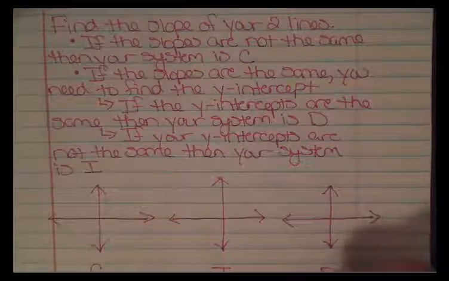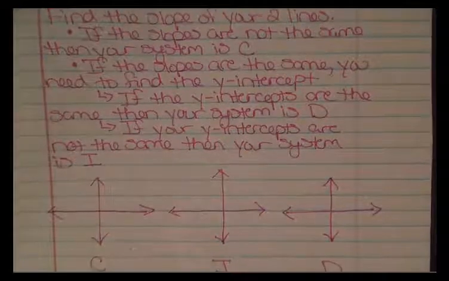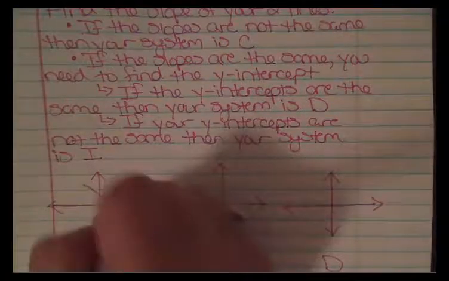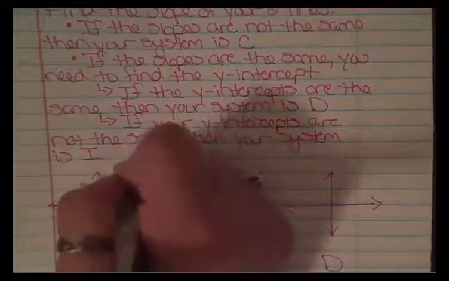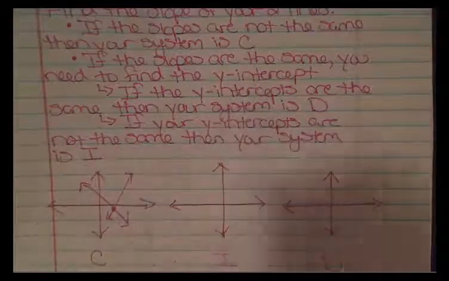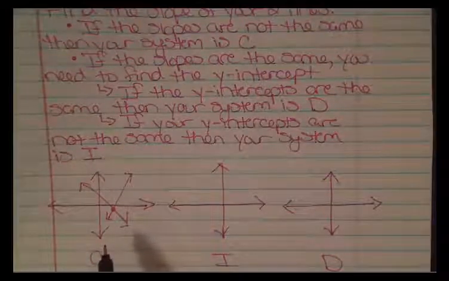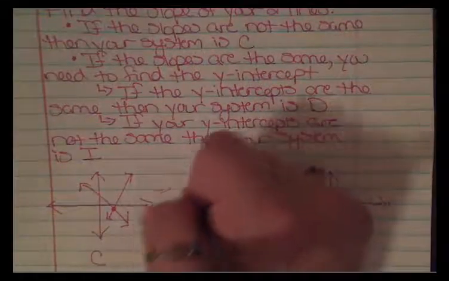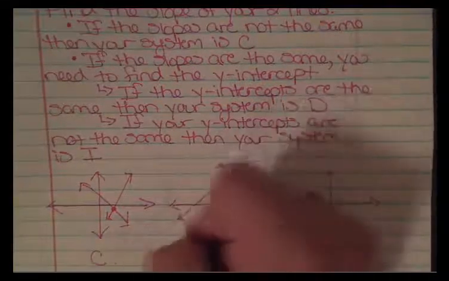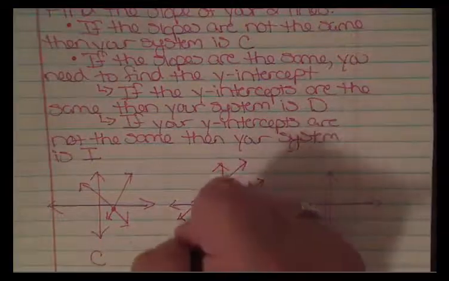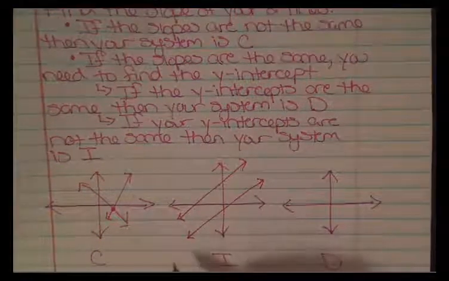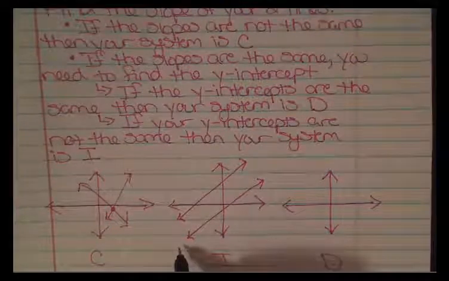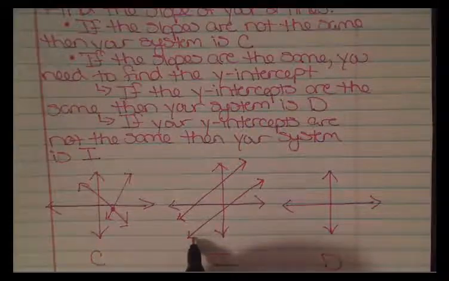Your consistent graph, you have your two lines, and they just intersect at that one point. So these have slopes that are different. Your inconsistent graphs are your parallel lines. If they're parallel, that means they have the same slope, and that differentiates between those two. And these aren't ever going to intersect. And if you look, this one has a y-intercept up here, and this one has a y-intercept down here.